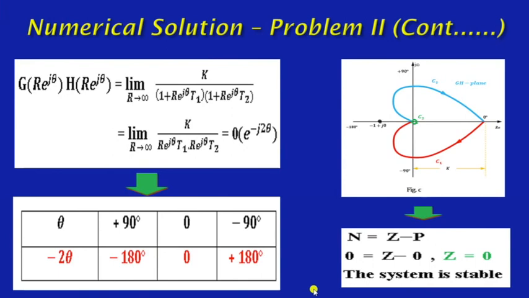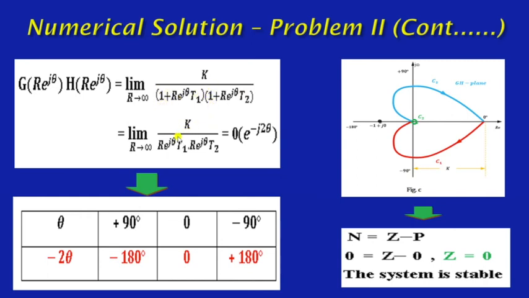Then calculate the C2 path. So put s equal to R e to the power j theta. Then this is the limit as R tends to infinity of K divided by 1 plus R e to the power j theta into T1 into 1 plus R e to the power j theta into T2. As R tends to infinity, the 1s are neglected.